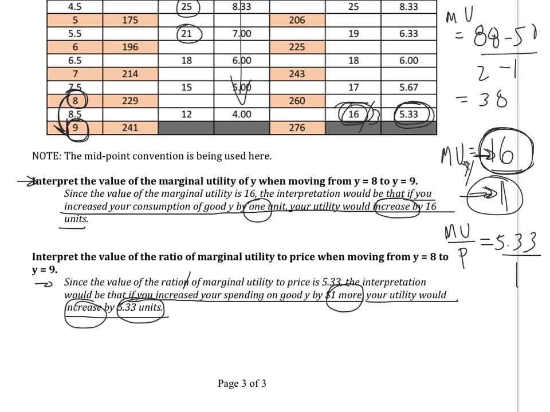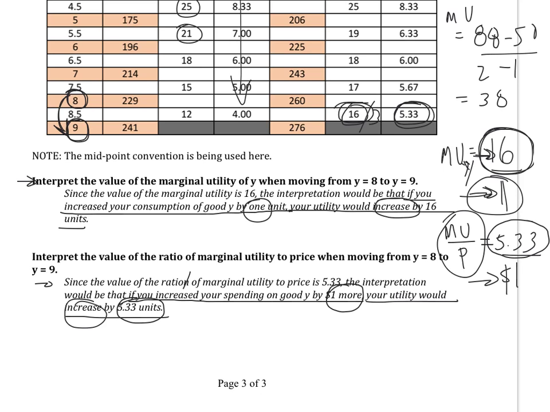Okay? So if we're interpreting this ratio, what does this value represent? It's talking about if we spend one more dollar on good Y, what change is that going to generate? It's going to add 5.33 to our total utility. Now the typical mistake is to say, oh, if we spend one more dollar on good Y, we're going to increase our marginal utility by 5.33.